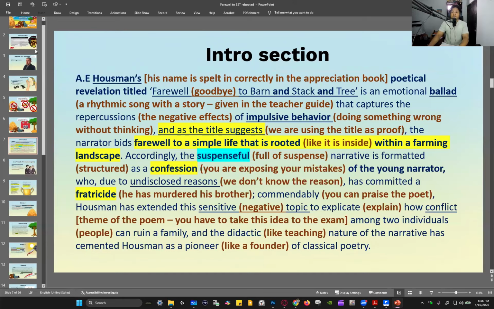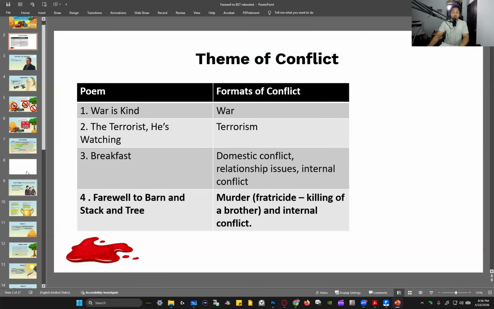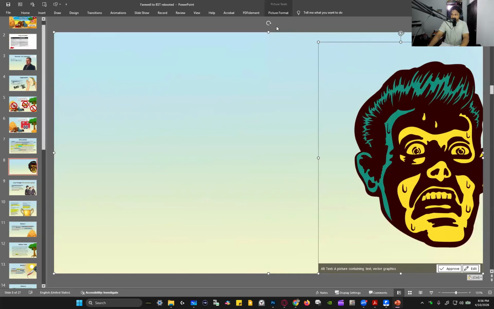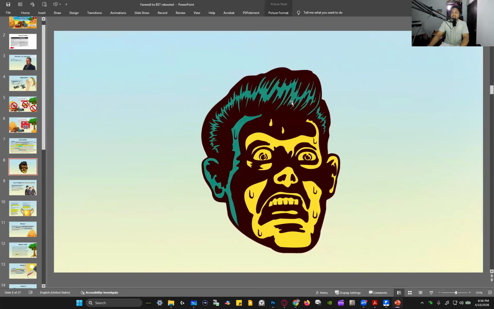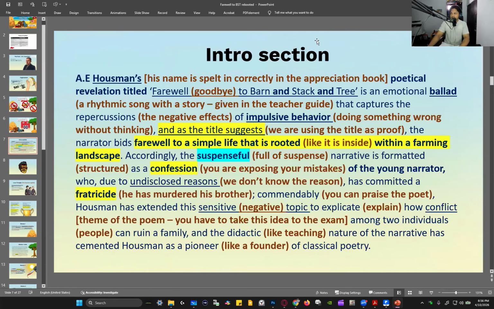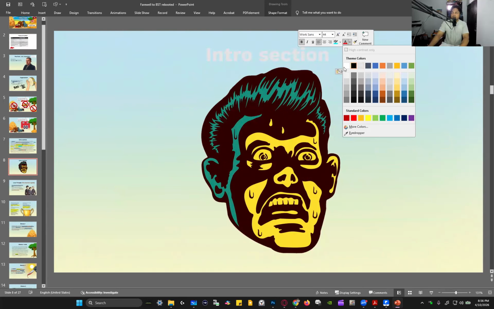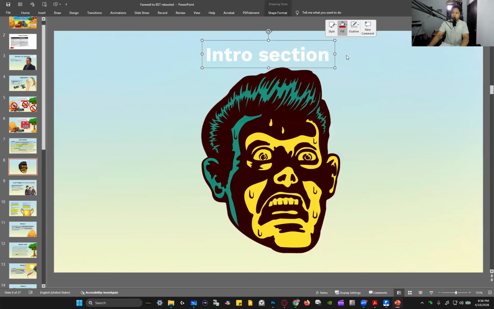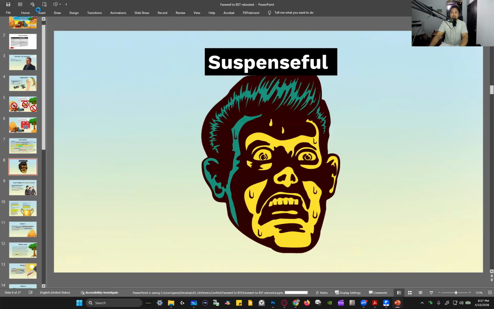Suspense means we do not know what is happening. Suspense means we don't know what is going on. We call this suspenseful, right? The reader is not given enough information. There is a withholding of information. Why is it suspenseful? The reader is not given enough information.